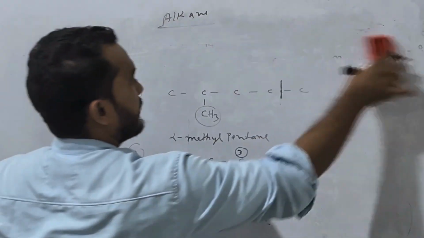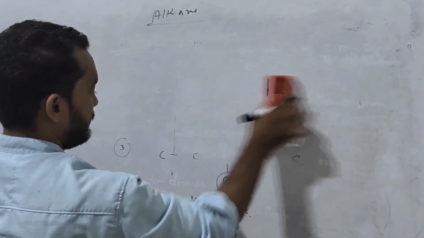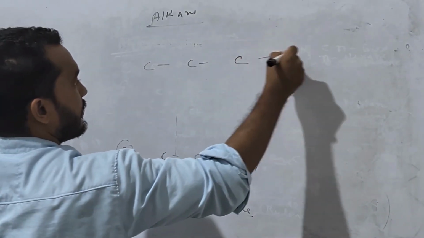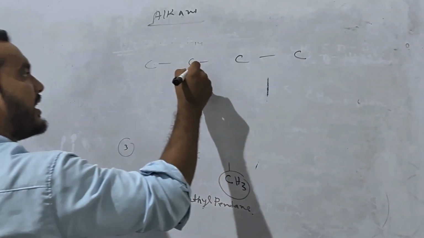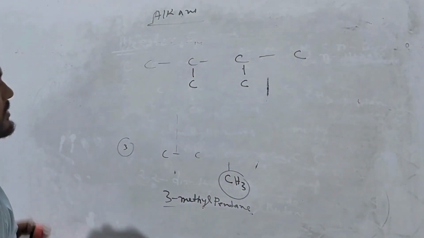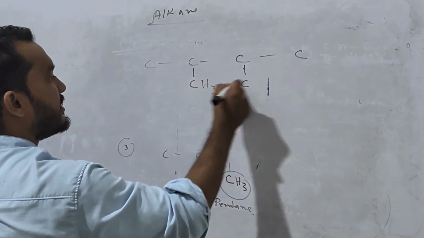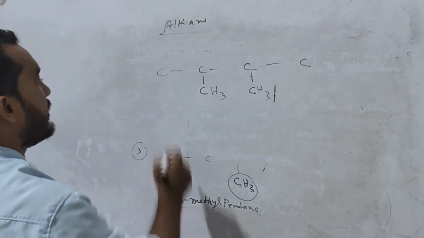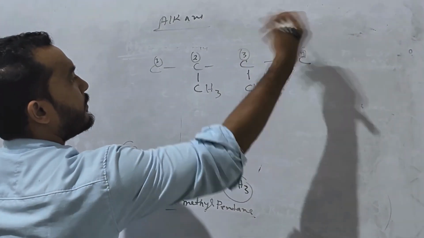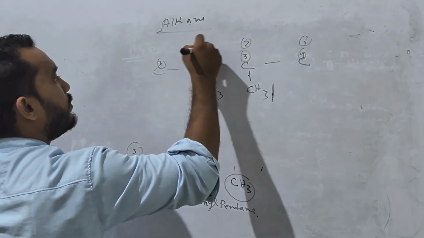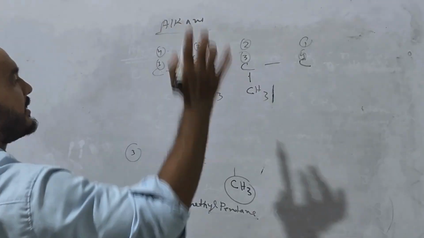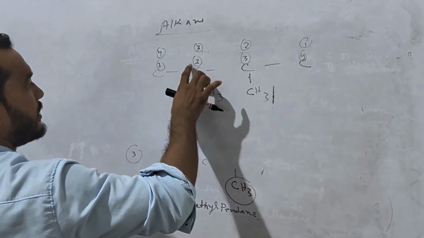Now let's check the next. See, if you arrange the carbon in this way, 4 carbons are there, 1 carbon if I add here, 1 carbon if I add here, 6 carbons. Now this is the methyl group CH3, this is the methyl group. Now you do the numbering, 1, 2, 3, 4. If you count from left to right, this methyl falls under 2, 3.